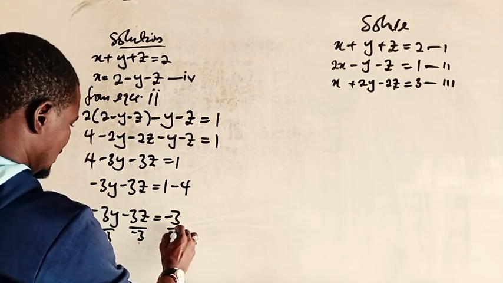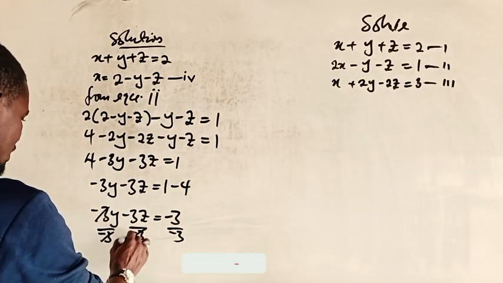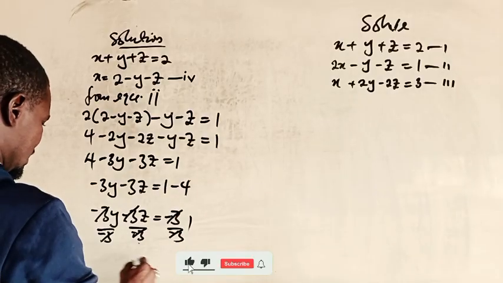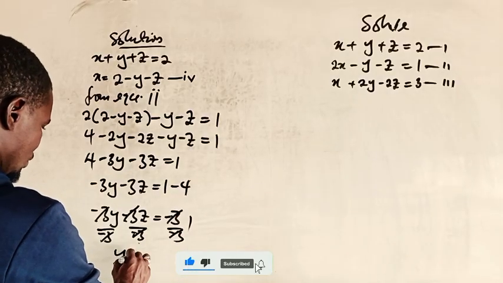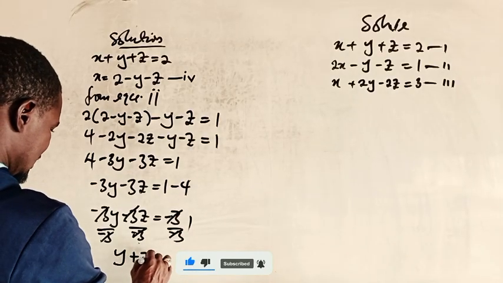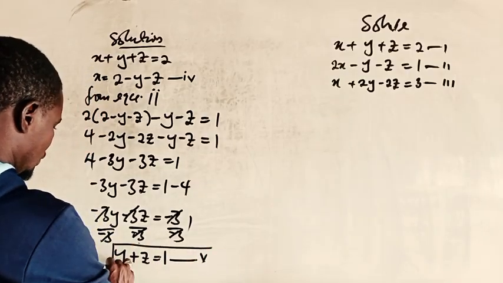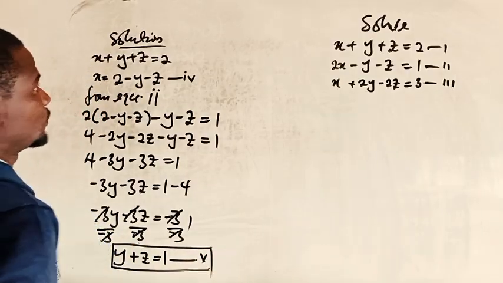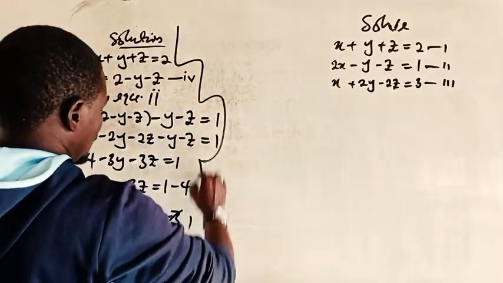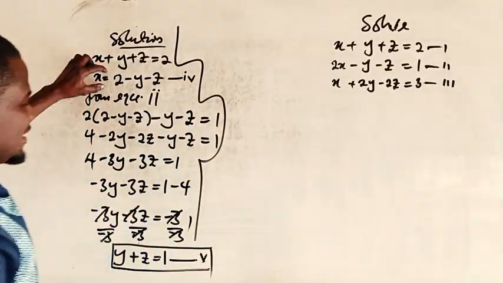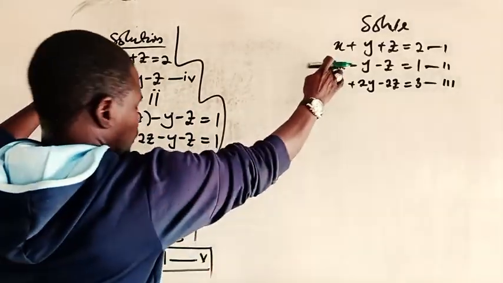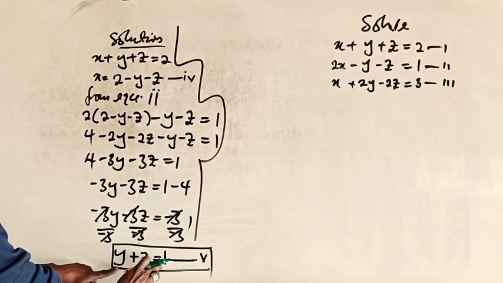Minus 3 take away minus 3, minus 3, minus 3 is just 1. So we have y plus z equals to 1. This should be equation number 5. And I'm going to use it to solve this. So from here, I use this processed equation to reduce this to arrive at y plus z equals to 1.